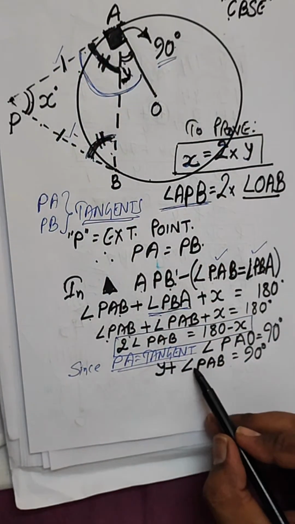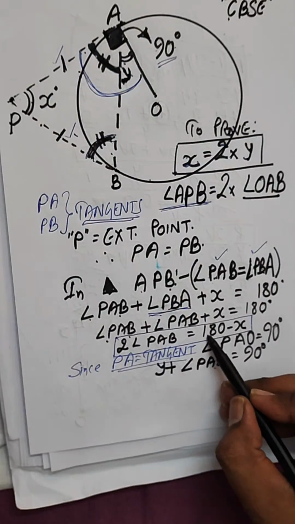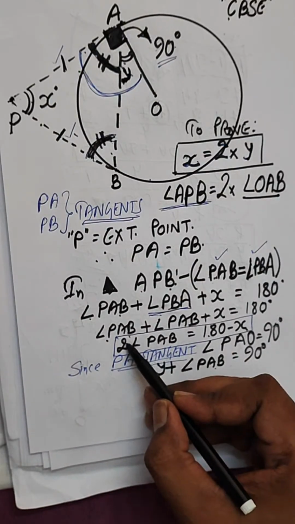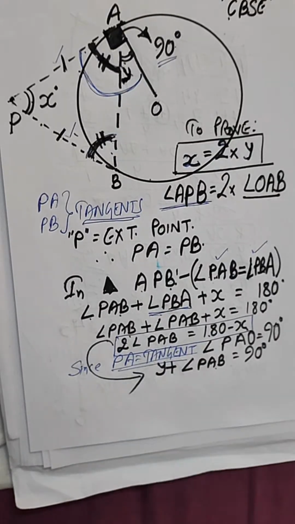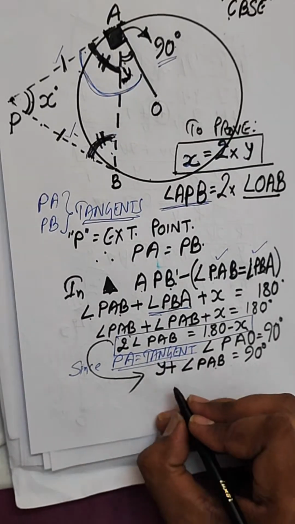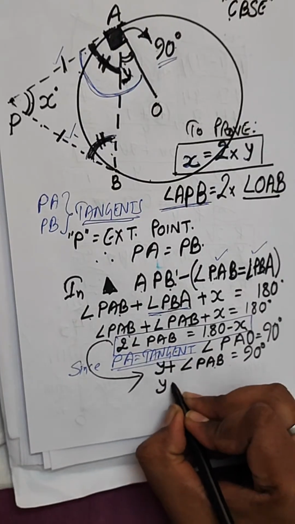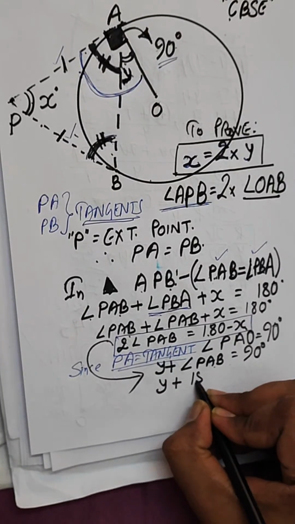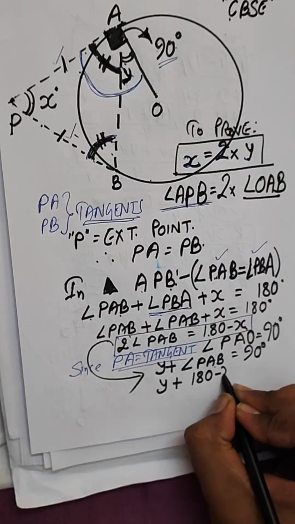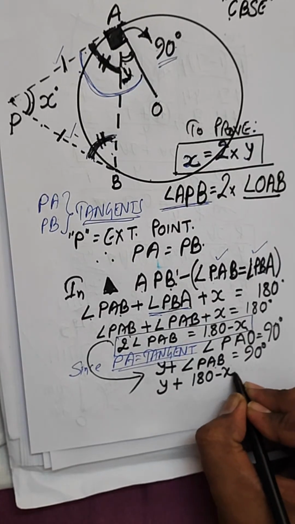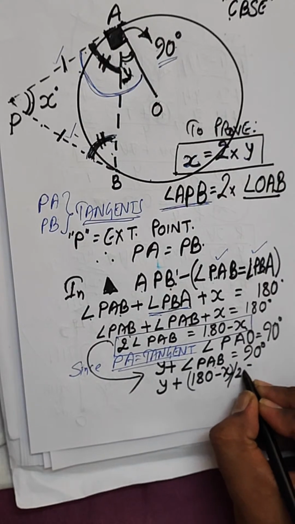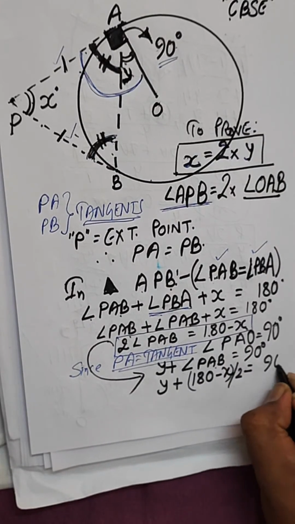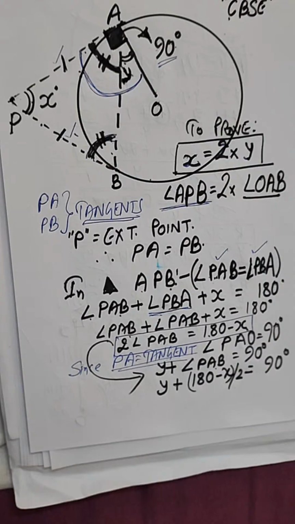Now in place of PAB, write the value 180 minus x divided by 2 from the earlier relation. This gives y plus (180 minus x) divided by 2 is equal to 90 degrees.